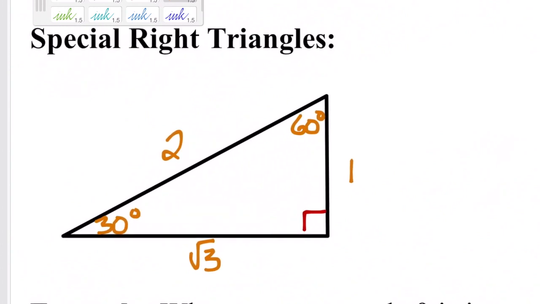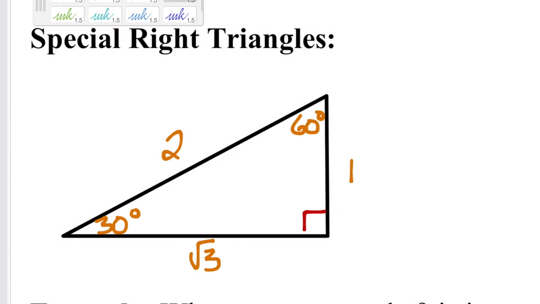Next, we're looking at some special right triangles. So this first one is a 30, 60, 90 triangle. The great thing about the relationship between the 30 and the 60 and the 90 is that these are all multiples of 30.